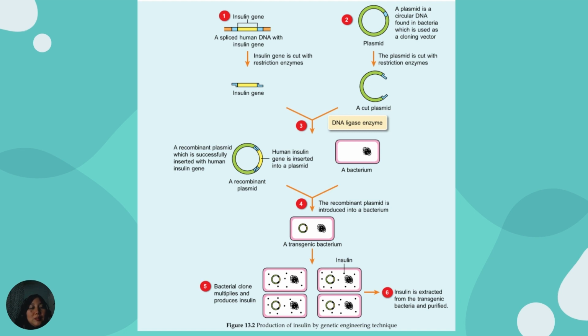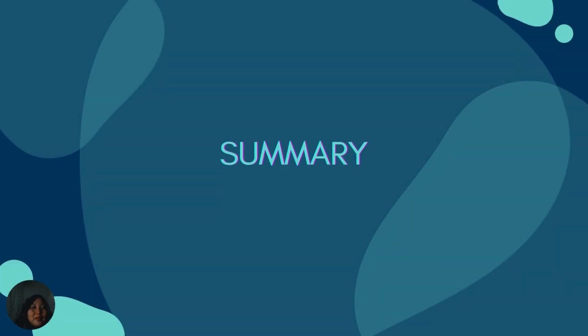So bakteria ni akan culture, dia akan dibiarkan jadi banyak, multiplies ataupun being clone banyak. Okay, dan sudah jadi banyak, kita ambil lagi semula, keluarkan insulin yang banyak tadi tu, and then purified, then boleh digunakan lah.